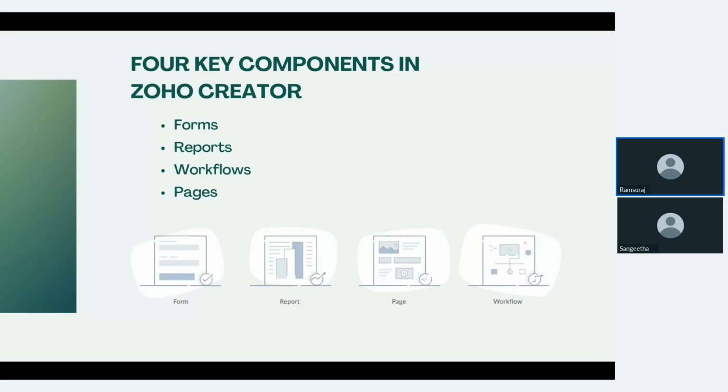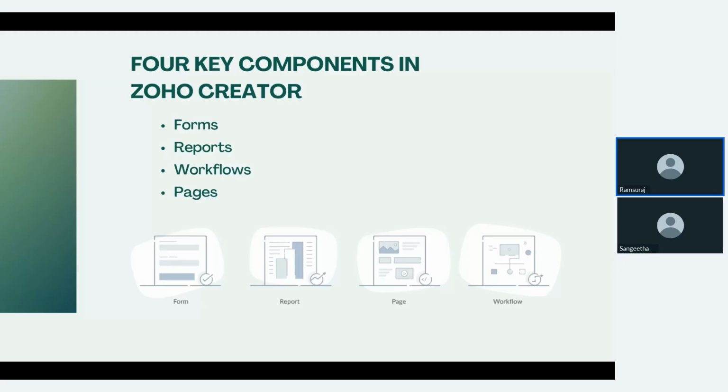And then coming to the pages. The pages are the important feature that we are going to see today, because widgets are embedded into the pages. Custom dashboards and UI controls can be made using pages, which allow you to design custom dashboards and interfaces using drag and drop elements.